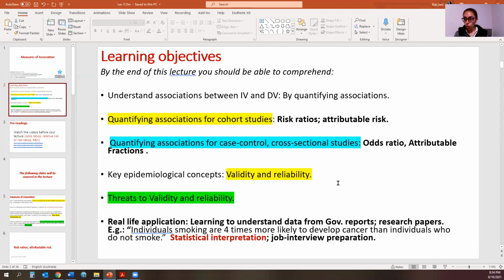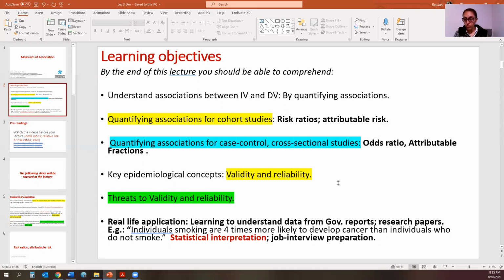In prospective cohort studies, what are these type of studies? These are longitudinal studies. Maybe you are following participants for 5 years, 10 years, 50 years. In these sort of prospective cohort studies, the most common measure of association that is used is risk ratio. And I'll also be talking about attributable risk.